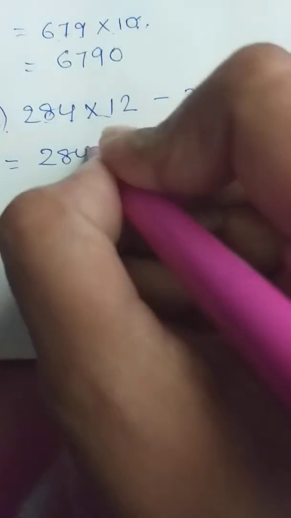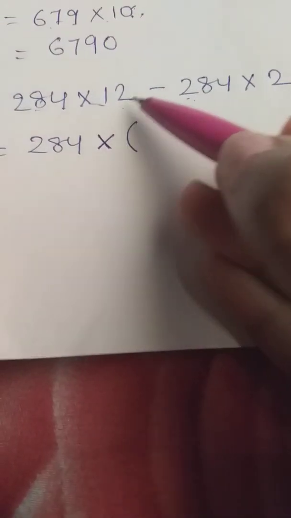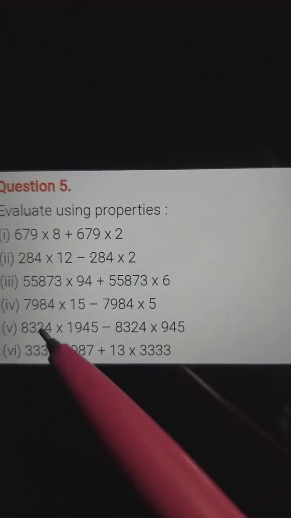Yes, I can see 284 in common. We'll write it first, 284 multiplied by the numbers left, 12 minus 2. 284 multiplied by 12 minus 2, that is 10. Try to evaluate: 284 multiplied by 10, that is 2840.